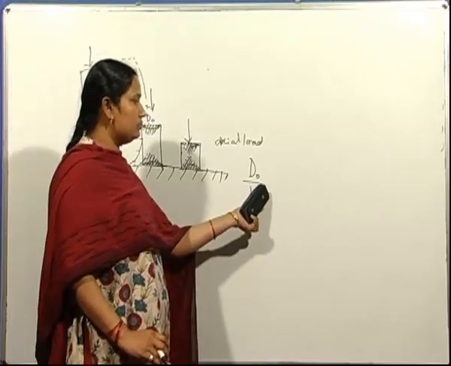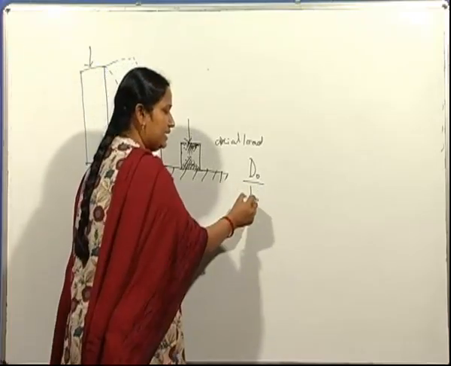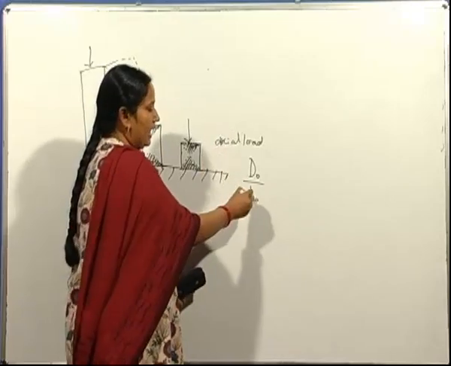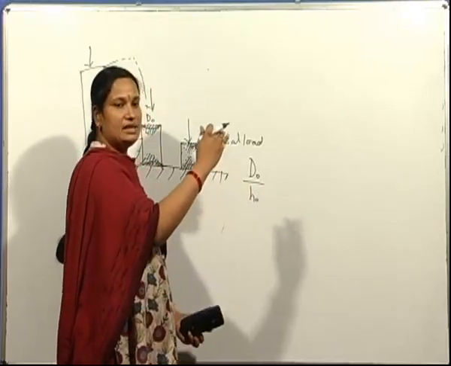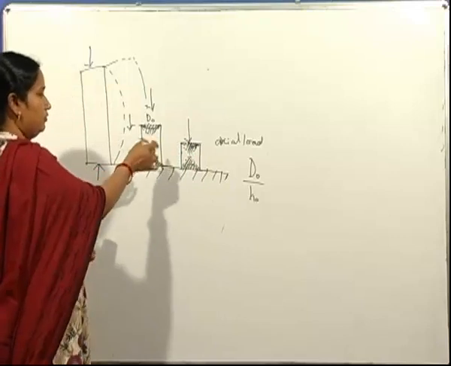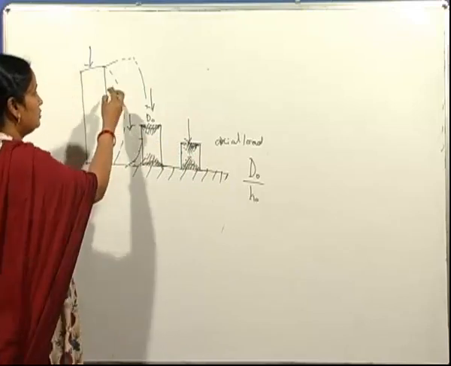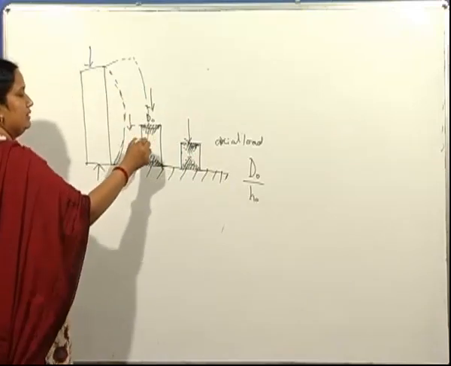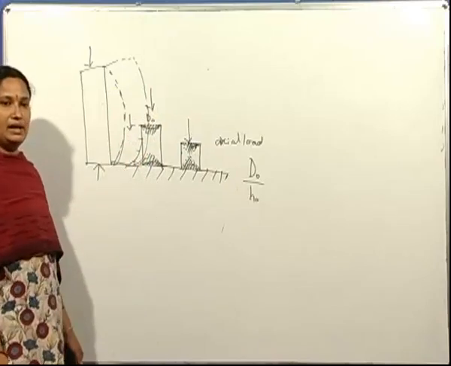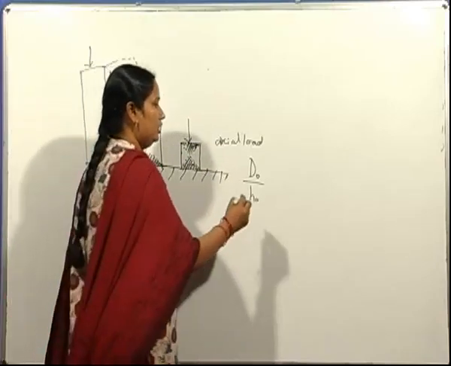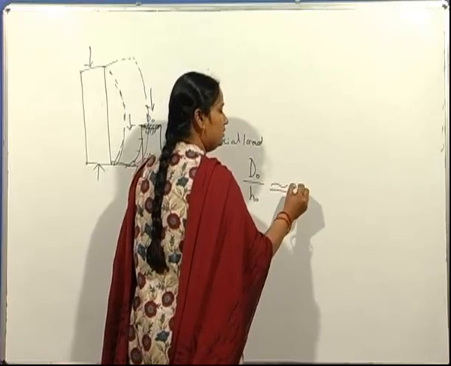As this ratio is lower, that means if the height of the specimen is increasing, then instead of plastic deformation, the specimen tends to buckle. Buckling occurs. So this ratio should not be lower than 0.5.